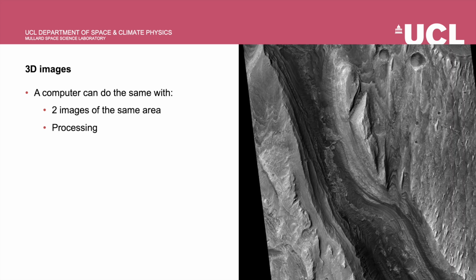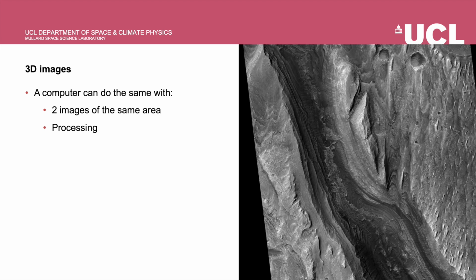Computers can do something pretty similar. If we give a computer 2 images of the same area, so these are orbital images looking down at the surface of a planet, and say this computer has the processing capability that mimics the human brain, it can extract 3D information. This little animation on the right is showing my study area from 2 different angles.